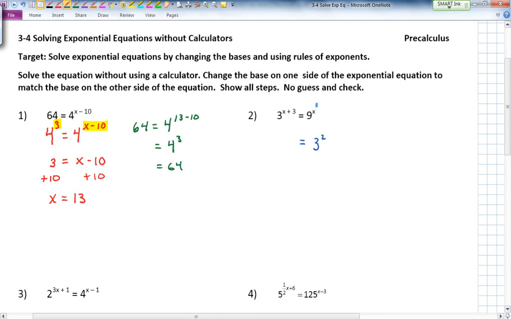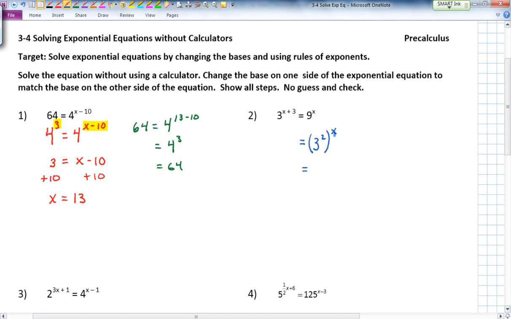But that exponent of x that was there needs to stay attached to my problem. So right now I would have 3 to the second to the power of x. And then I'm going to use my exponent rules and put these two exponents together. The rule here is multiplication.